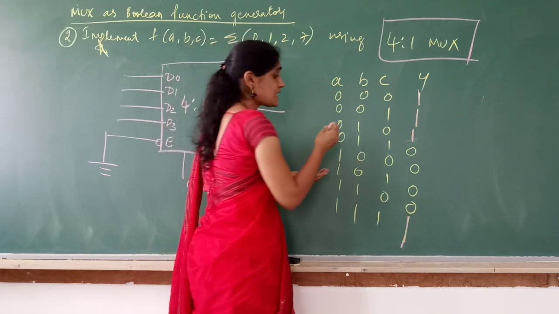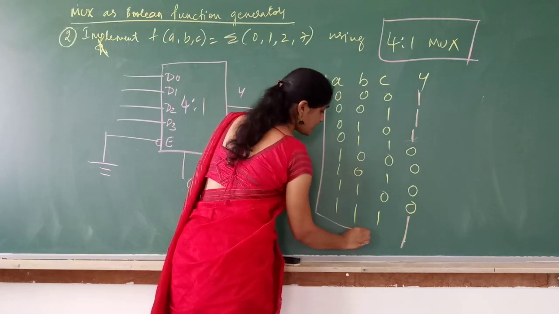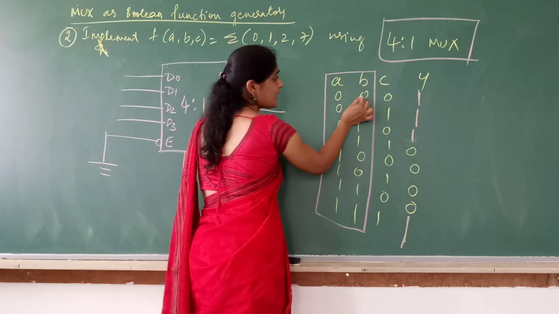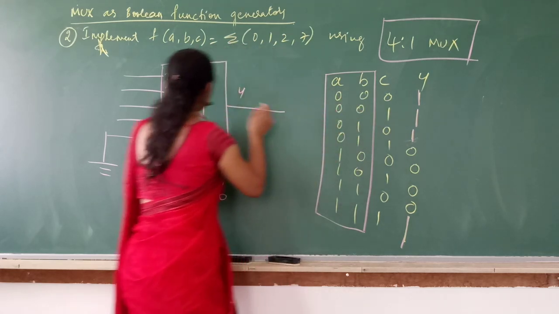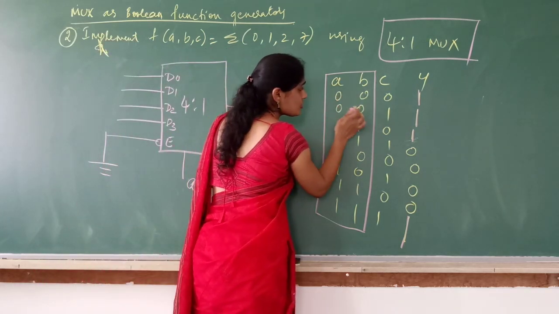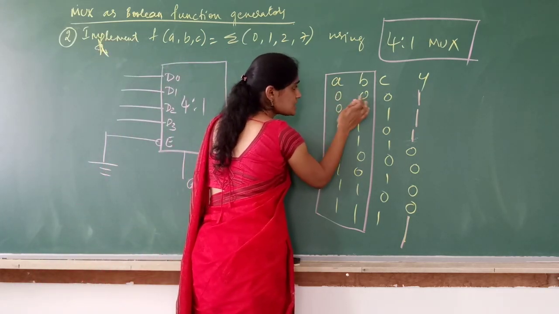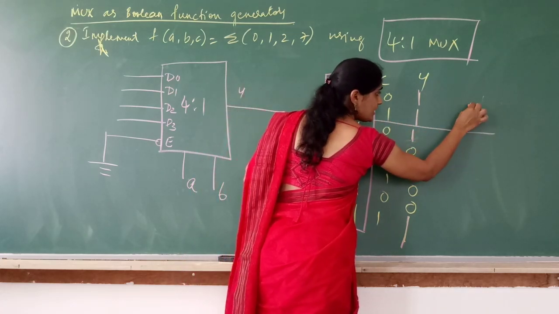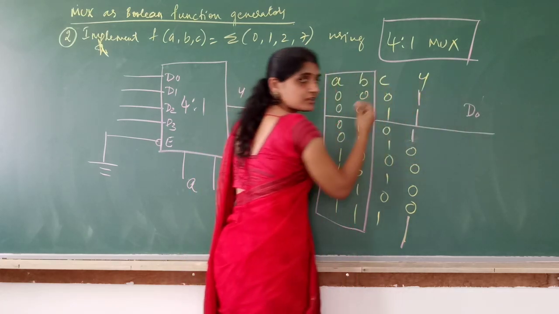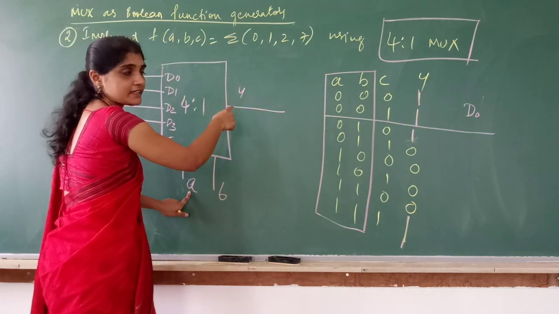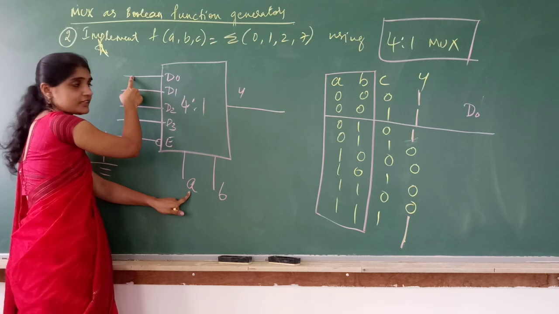So A, B are taken as select inputs. If A, B is 0, 0, Y will be equal to D0. For the first two combinations, A, B is 0, 0. For these two combinations, the output I get is D0. Still I have not connected anything to D0.